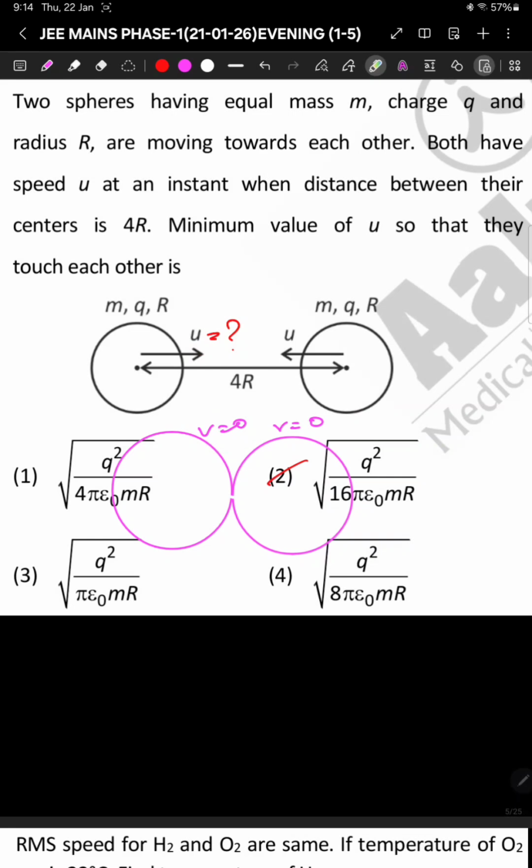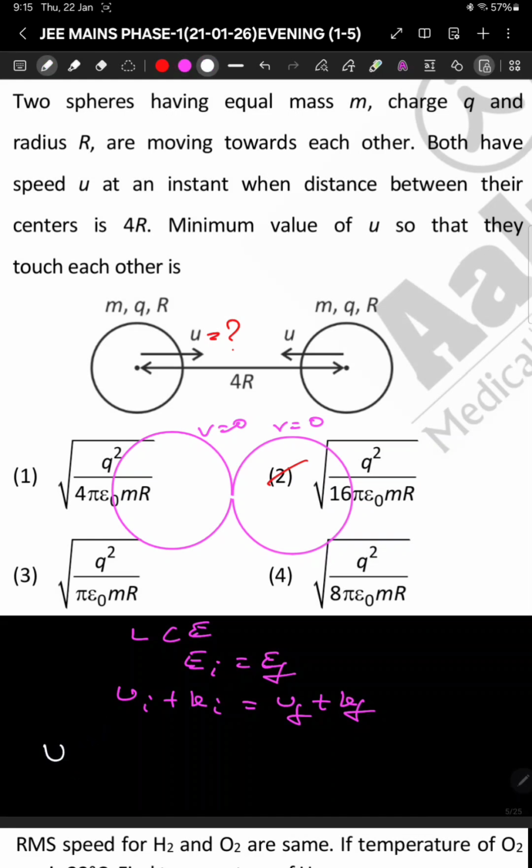Here only the electrostatic forces are acting. So the best method is to apply the law of conservation of energy. Initial energy is equal to final energy. That means initial potential energy plus kinetic energy equal to final potential energy plus final kinetic energy. For a sphere, you should have self energy also.